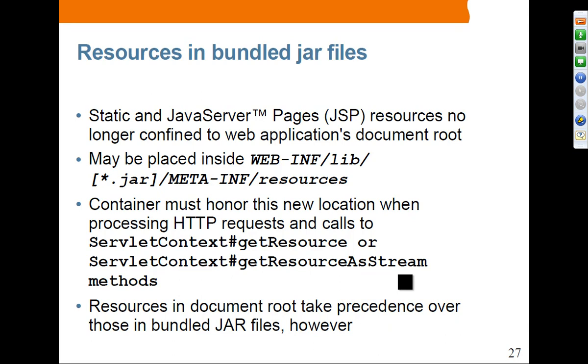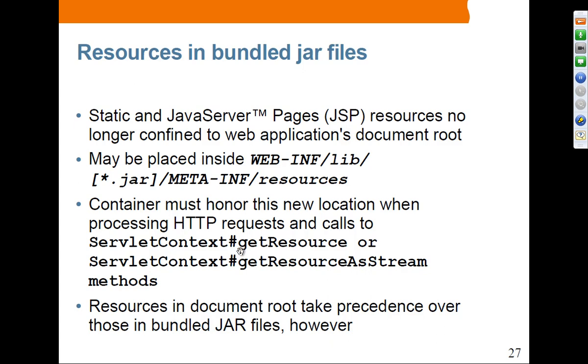Again, you could have a bundled jar file from a third-party vendor, right? And if that third-party vendor wants to include some static resources, static pages or JSP pages, they could have those pages under the jar file's META-INF/resources directory. Again, the container will look for these resources under these jar files.